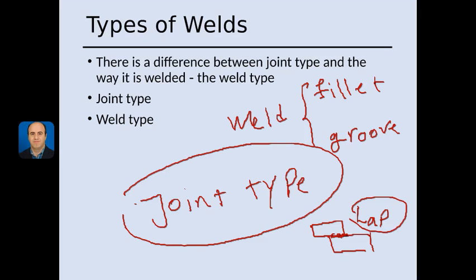Or a butt joint: you join this interface and it is called a butt joint. So this is again a joint type, not a weld type. In the next slide I'll explain what fillet is and what groove is.